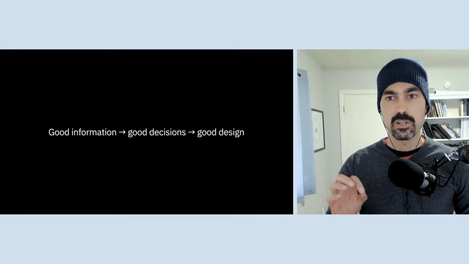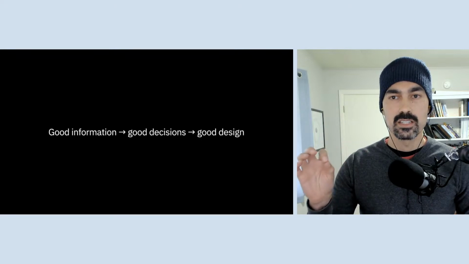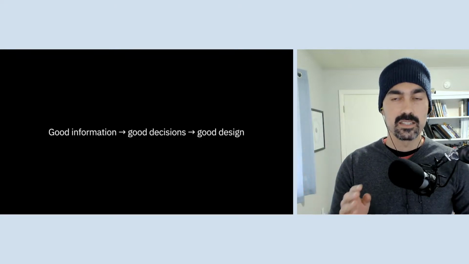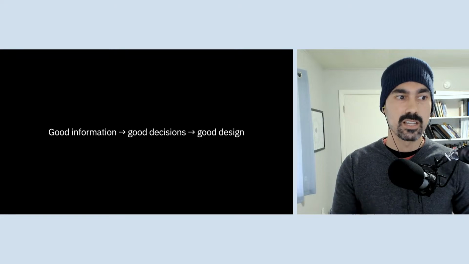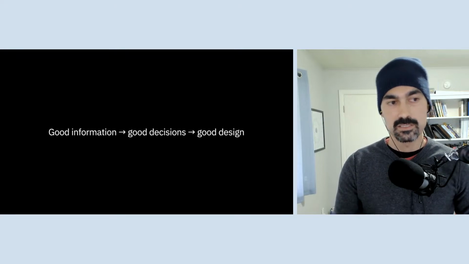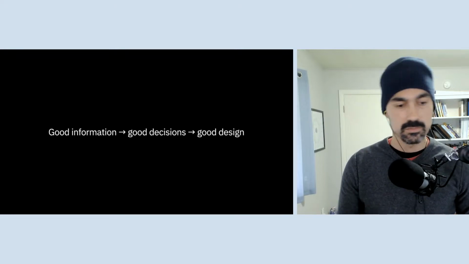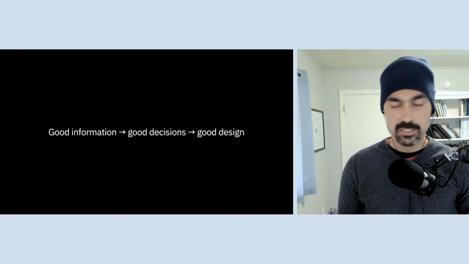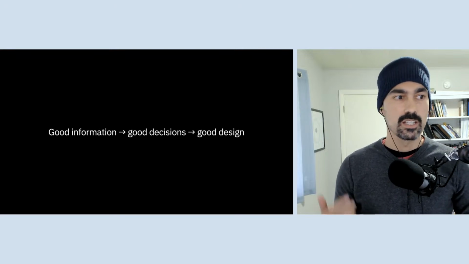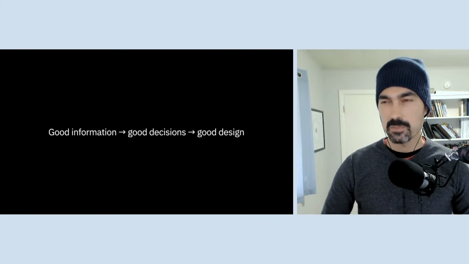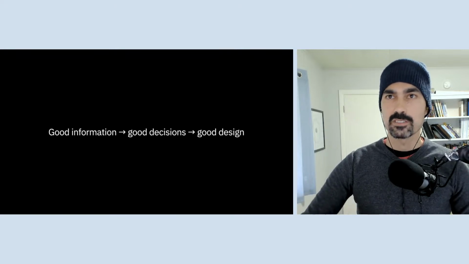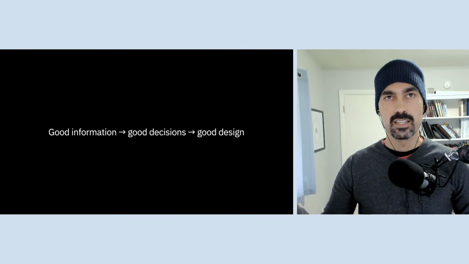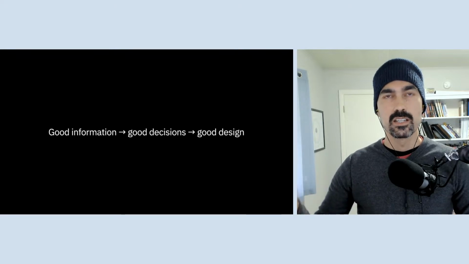And if I could summarize my talk in one line, it would be that if you want to do good design, you need to make good decisions, because software design is all about making software decisions. And if you want to make good decisions, then you need good information. So when I'm talking about decisions, I'm talking about everything. I've looked for definitions of software design, and there are so many out there.